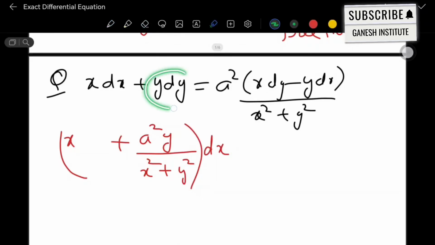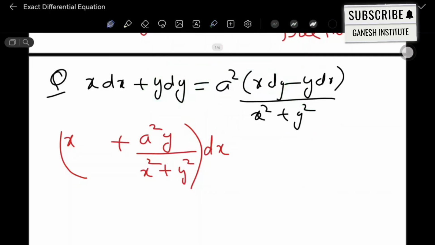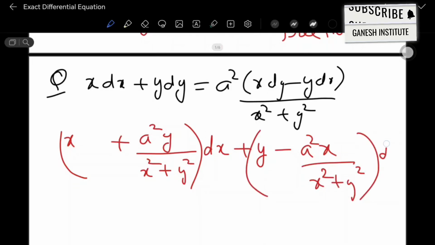Similarly, you can see this is y dy and this is the whole dy component. I can bring it onto the left hand side again. That means y dy minus a square x upon x square plus y square, and I can again take dy as common, right?